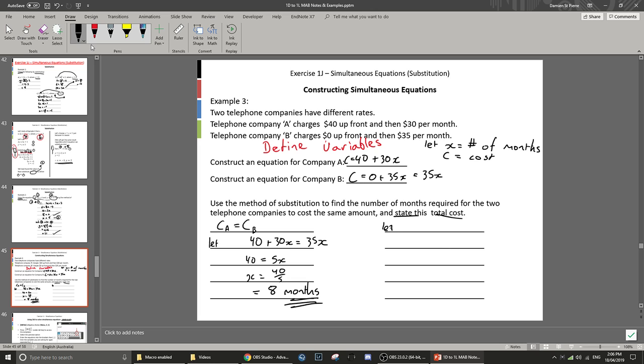So let x equal to 8, it follows that, let's do cost A, just to be rigorous, is equal to 40 plus 30 times by 8 is equal to 40 plus, 3 eights are 24, so this is 240, so the cost is equal to $280.